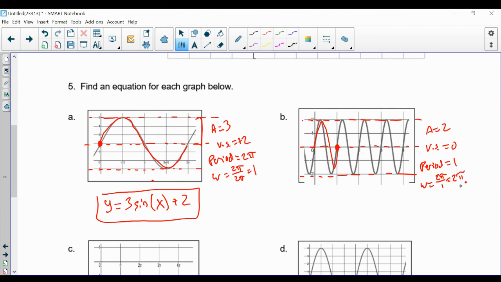So actually, in my equation, 2 pi is going to show up. And I was not very creative with these. I think they're actually all sine because I didn't really pay attention to that when I was making these graphs. But yeah, this is a positive sine, amplitude of 2. And then it's 2 pi x. And then it'd be plus 0 because of that vertical shift being 0. Okay.